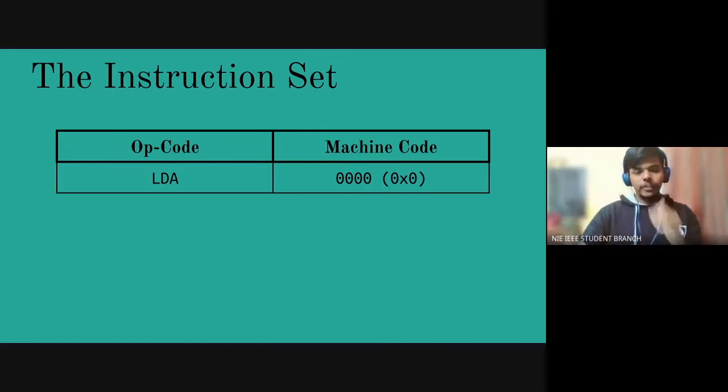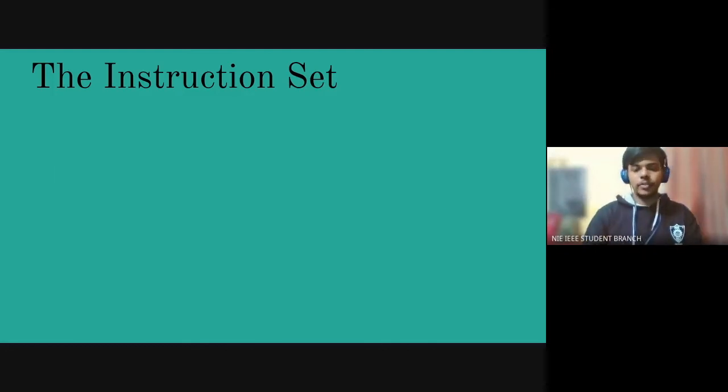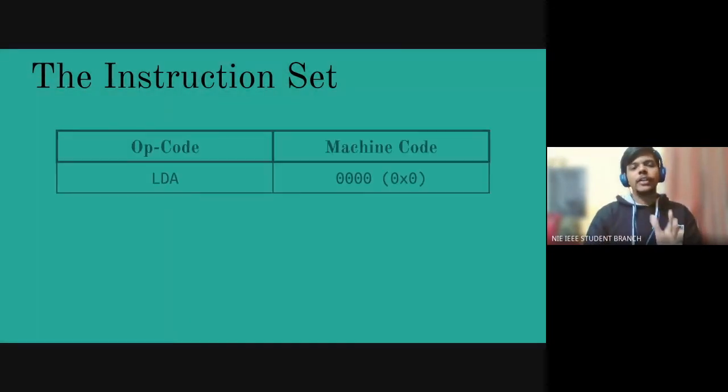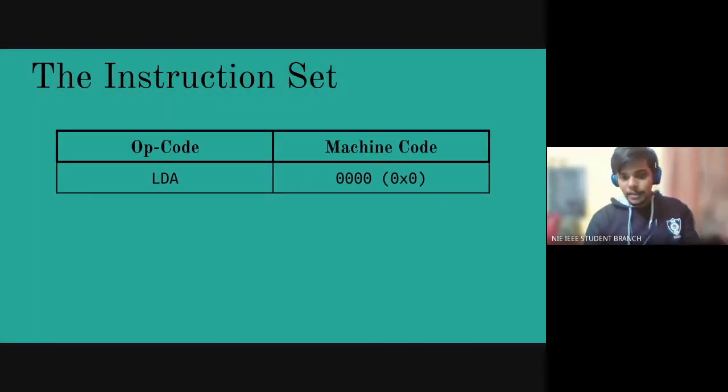Okay, so it's as simple as that. It loads the accumulator with whatever data you give in the address. So by the end of this instruction, the accumulator will have the data pointed to by the address.